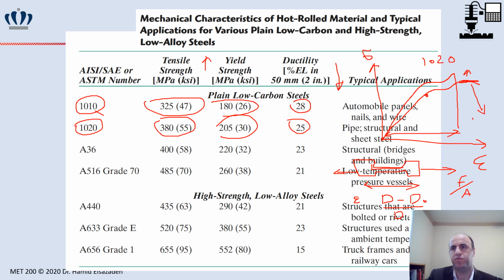This is for a 1010 alloy. So this 1010 has a lower strength with larger ductility, meaning it can be stretched more, but the other one has a shorter ductility. This length means less stretch it can go through, but the amount of strength went up.